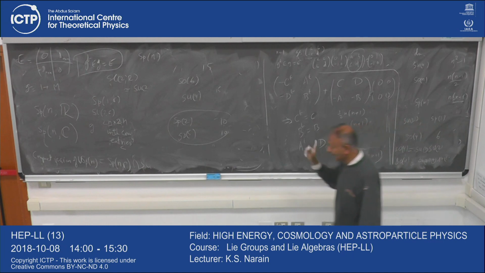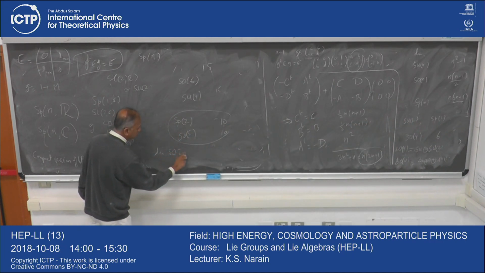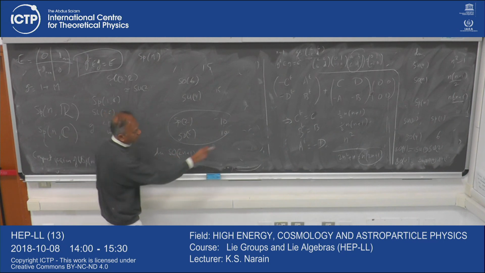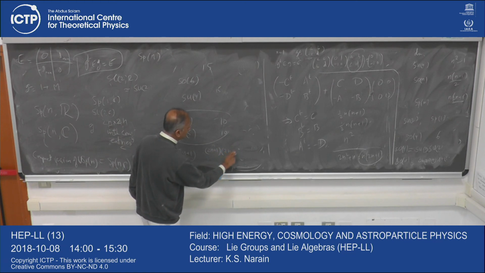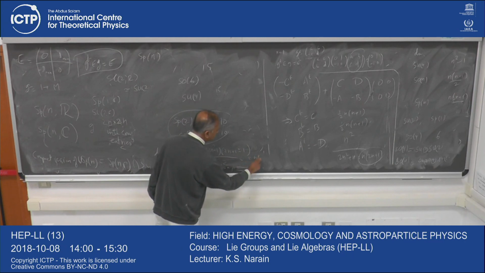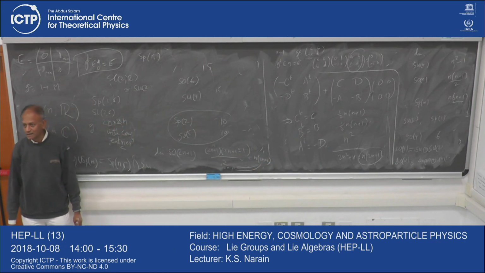If you look at the dimension of SO2n plus 1, just apply the formula: 2n plus 1 times 2n plus 1 minus 1, divided by 2, which is the same as n times 2n plus 1. So it's the same as the SPN dimension.